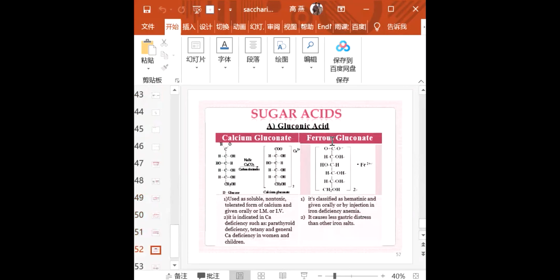So for gluconic acid, we'll look at these two. One is calcium gluconate, and the other is ferrous gluconate.